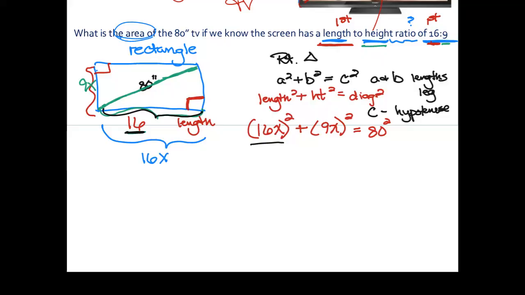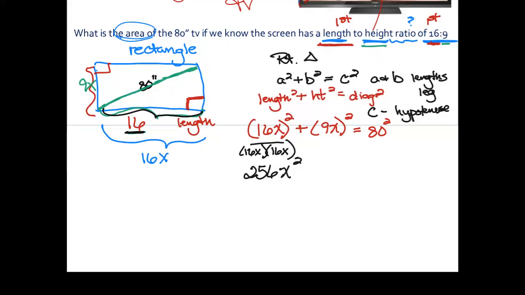If I say what is 5 squared, what would you say? 25. You take 5 times 5. If I say 16x squared, wouldn't you be taking 16x times 16x? Which is 256x squared, because you have to square the x also. You were very close.